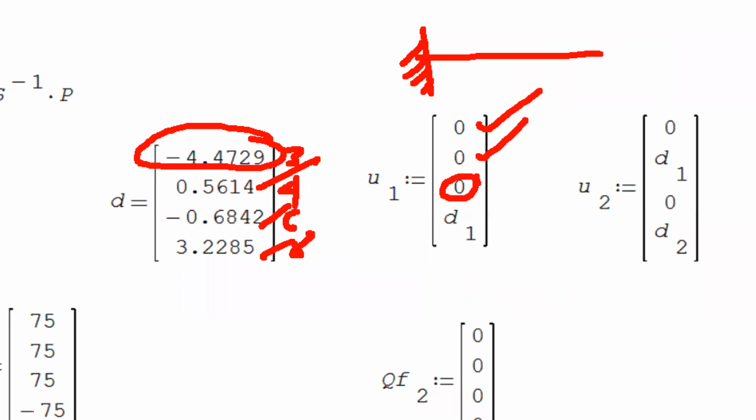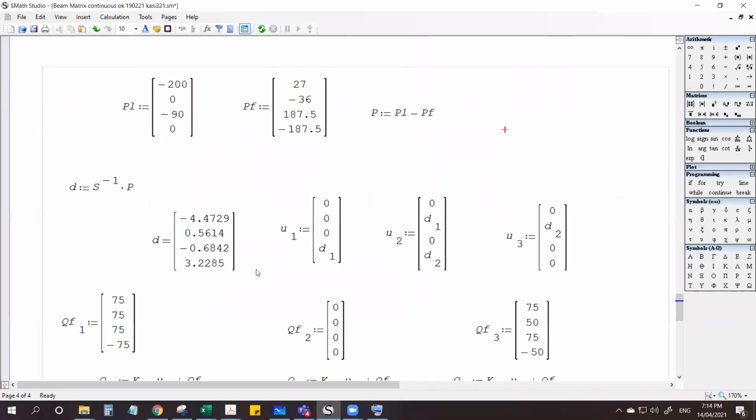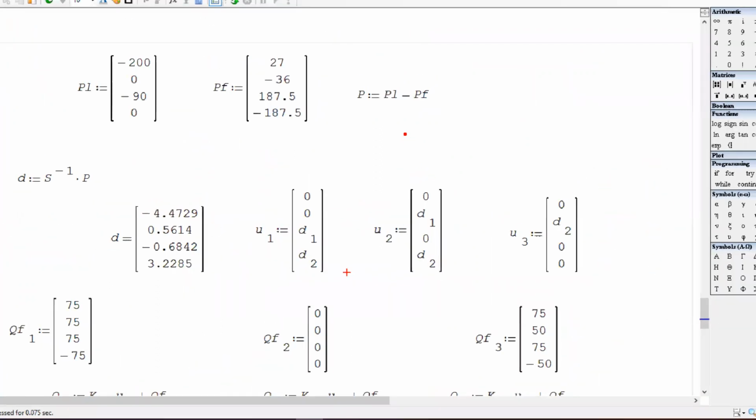Now, this will be D1 and this will be D2. So I'll retype this. This will be D1. This will be D2. For U2, we have D1 here, D2 here, and 0, and this should be D3.